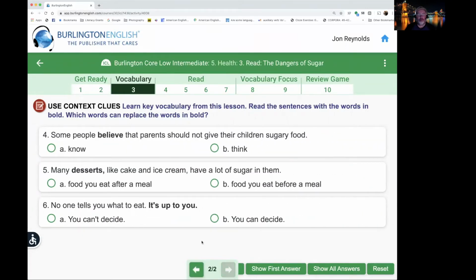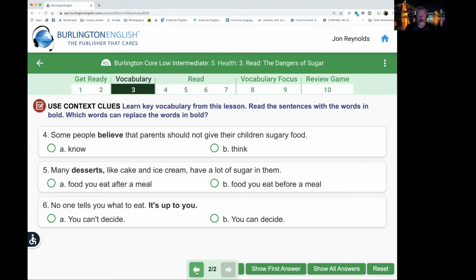Number 4, believe. Number 5, desserts. Finally, number 6, it's up to you.